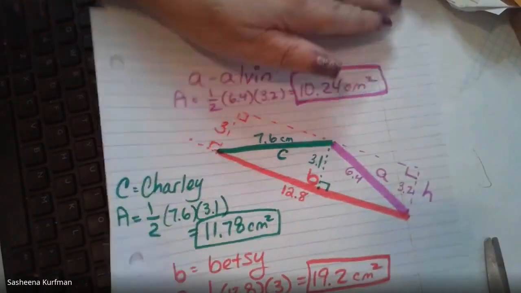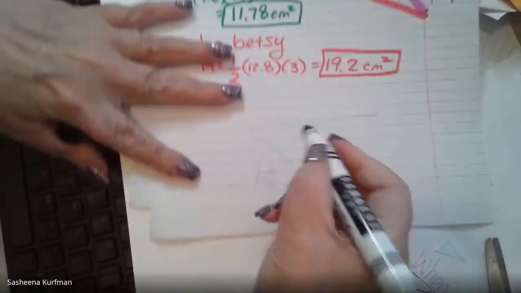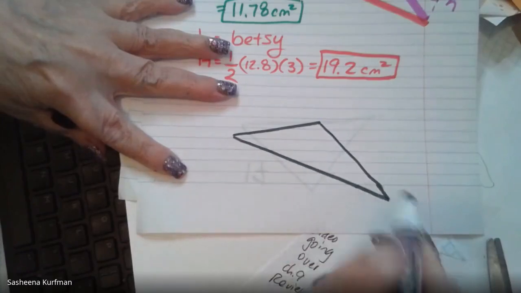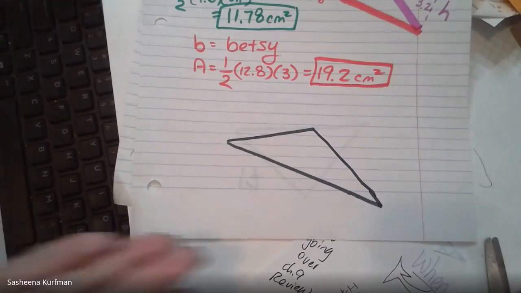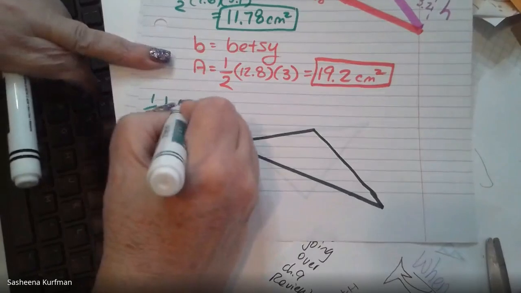Now, the big idea here is that when you are trying to find the area of a triangle, you need to know how to find the height, because the formula is 1/2 base times height.